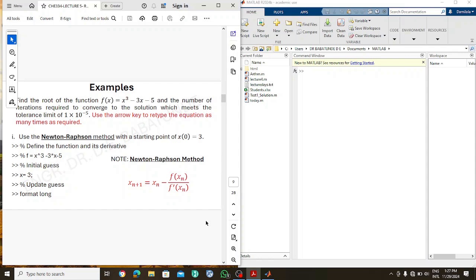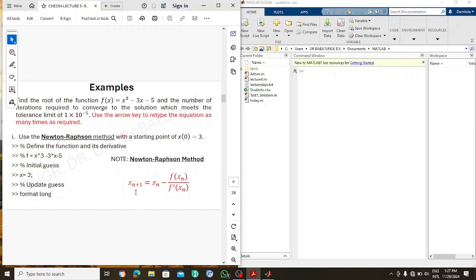I told you about the Newton-Raphson method before, right? For the first solution, you have been advised to use the Newton-Raphson method and determine how many iterations gave you the converged solution. So I brought forward the Newton-Raphson method here.